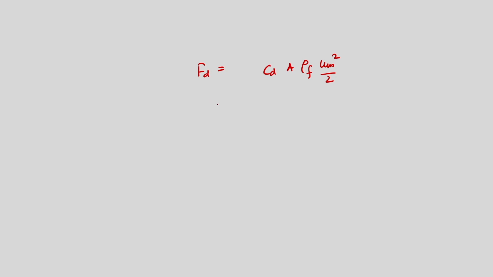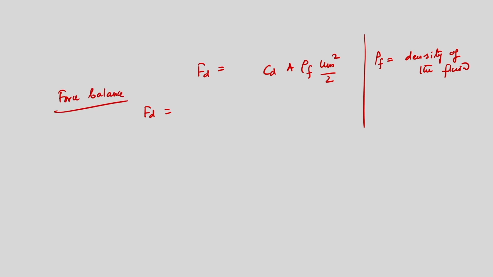Here rho F is the density of the fluid, and if I write the force balance, this drag force is nothing but g into VB into (rho B minus rho F), where I can write VB as the total volume of the bob.